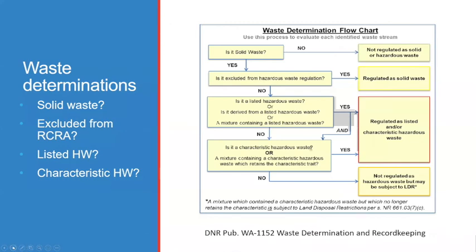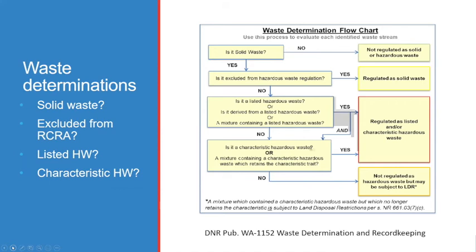And this flow chart is provided because it gives you a way to go through a logical process. The first question I have to ask, is it a solid waste? Well, is it regulated or not regulated? Is it excluded from hazardous waste regulation? And if it is, then it's regulated as a solid waste. If it's not excluded, then is it a listed hazardous waste, or does it exhibit a characteristic, and so forth.